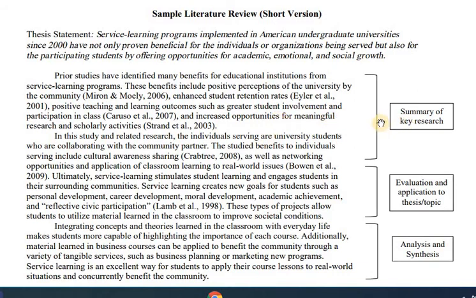So here he gave a summary of key research on the topic, and he synthesized, grouped them in a nice way. So far it's clear that this author is sharing his quotes from previous literature.